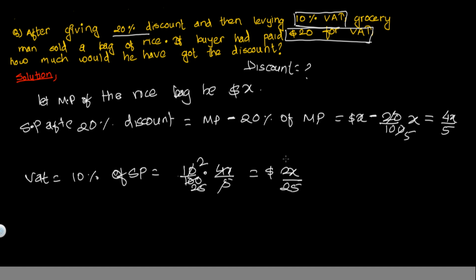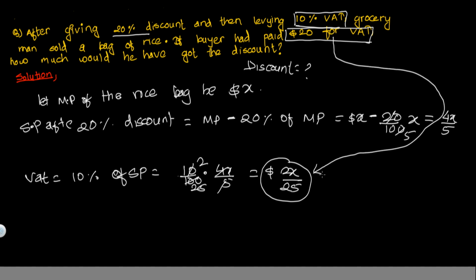But this VAT amount must be equal to this VAT amount, because this is a VAT amount which is equivalent to 10%. After getting 10% of the SP, we get this amount in terms of x, so these two are equal.